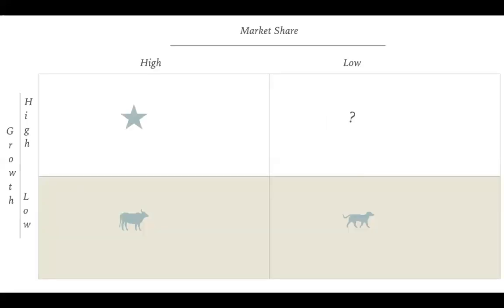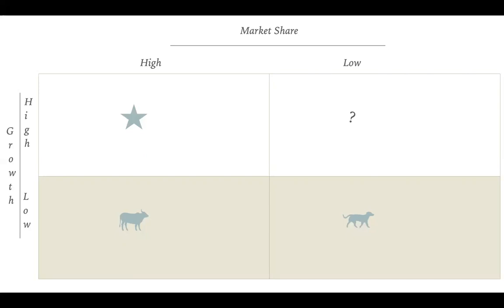Graphically, on the x axis there is the market share, and on the y axis there is the growth, and we have high and low demarcations.